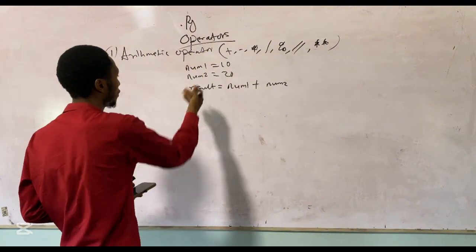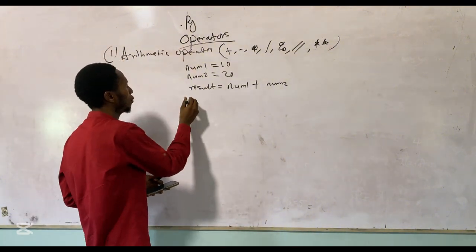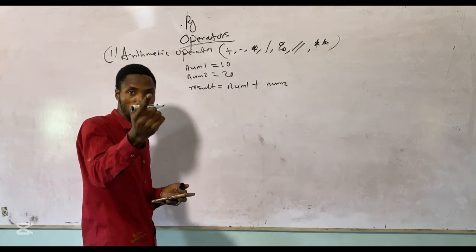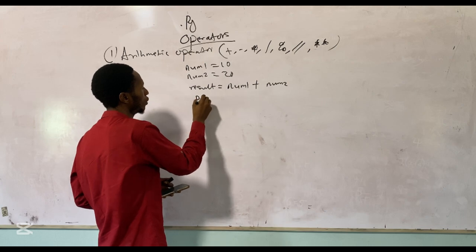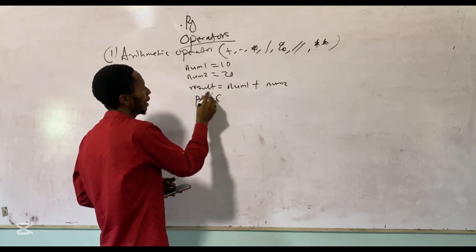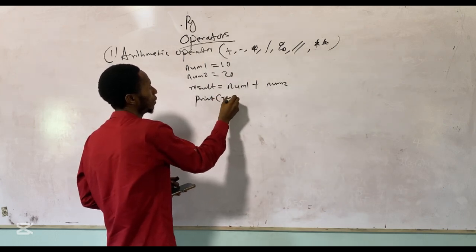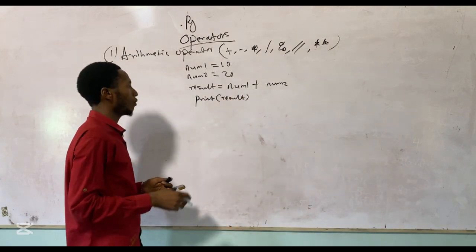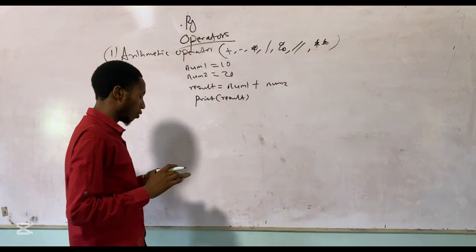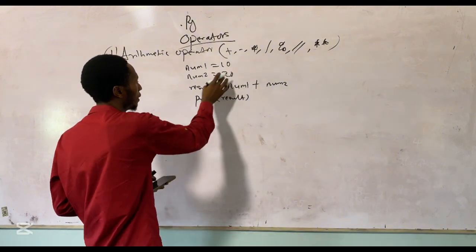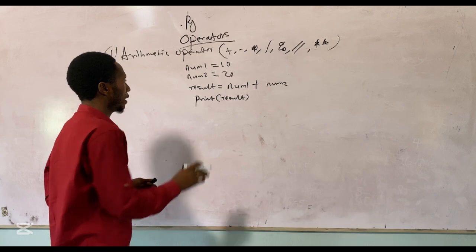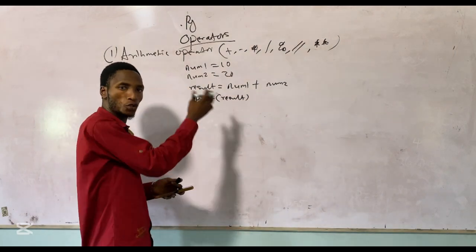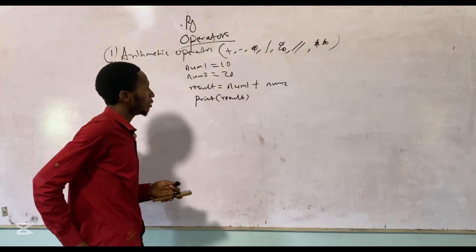So if you want to output this, you can output your result using what? Using the print function. Don't forget the print function. You just pass your print function and pass your variable result. And one good thing about this is you can also sum everything without the need of a variable result that can store the result for you.